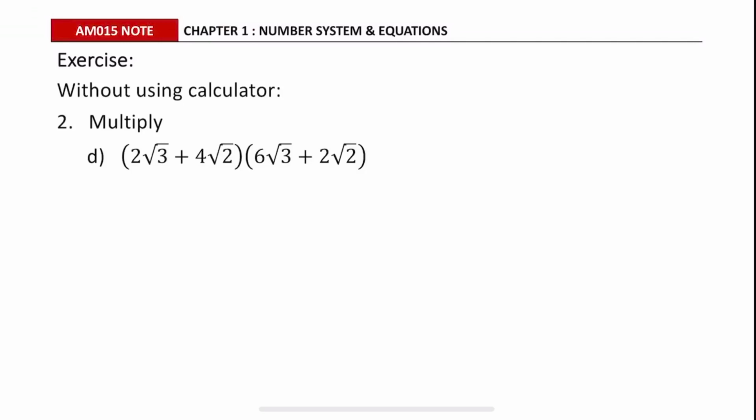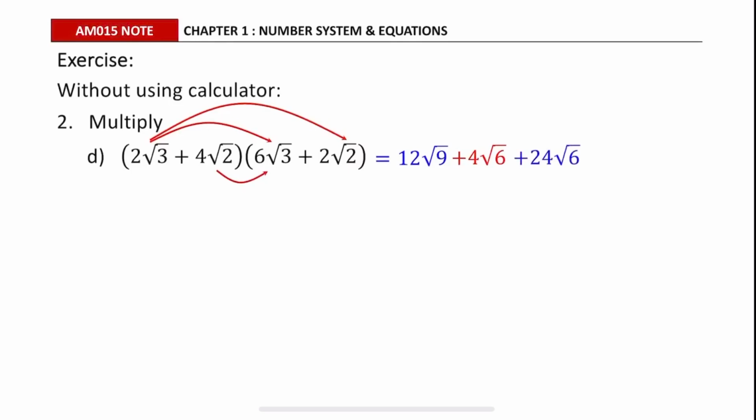For this question, we must expand it one by one. 2 square root of 3 multiplied by 6 square root of 3 is equal to 12 square root of 9. 2 square root of 3 multiplied by 2 square root of 2 is equal to 4 square root of 6. 4 square root of 2 multiplied by 6 square root of 3 is equal to 24 square root of 6.